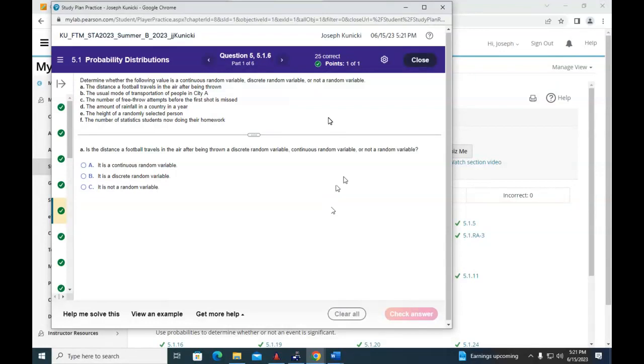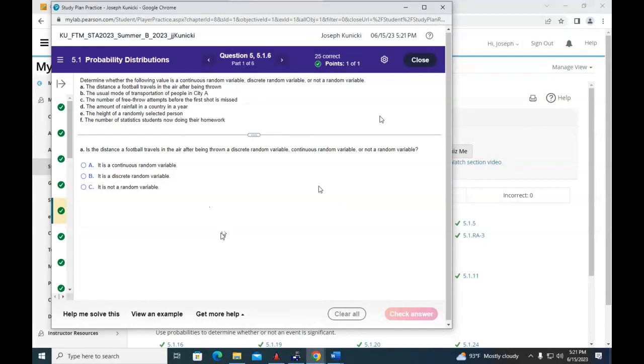So here we're going to look at a repetition of discrete and continuous. It says determine whether the following are continuous, discrete, or not a random variable. Is the distance a football travels in the air after being thrown discrete, continuous, or not a random variable? So what are we actually doing here?